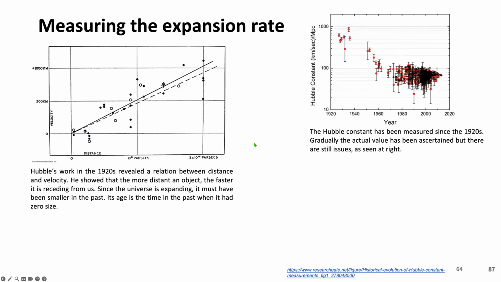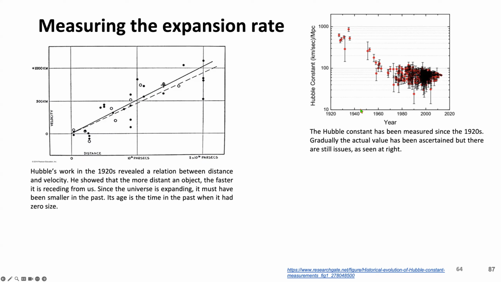Now, over the years, we've learned that Hubble's initial estimates were way out of line because his ability to measure the distance to these objects was limited by the technology that existed in the 1920s. The cosmic ladder was primitive, and he was getting numbers for the expansion rate way up here.